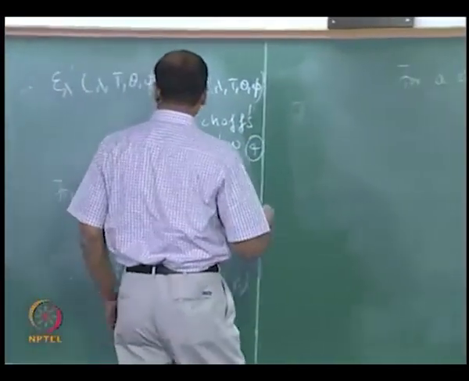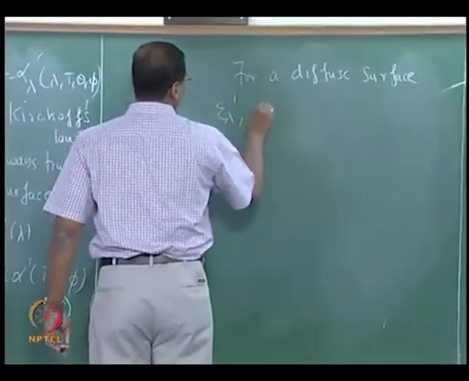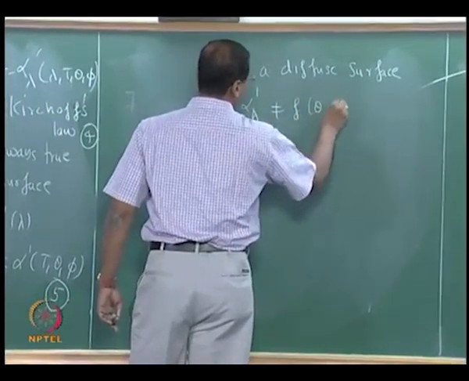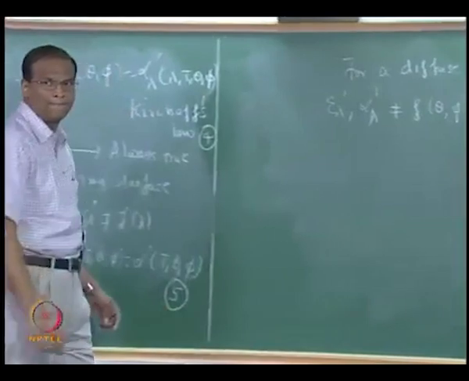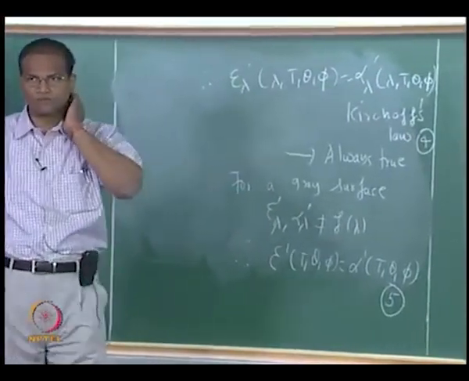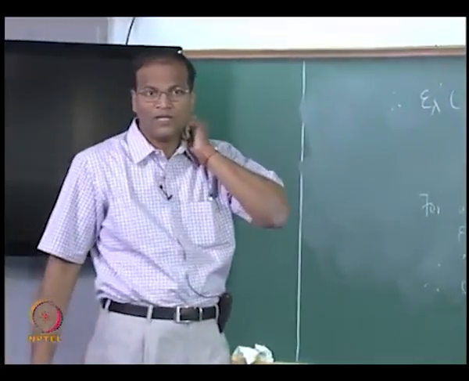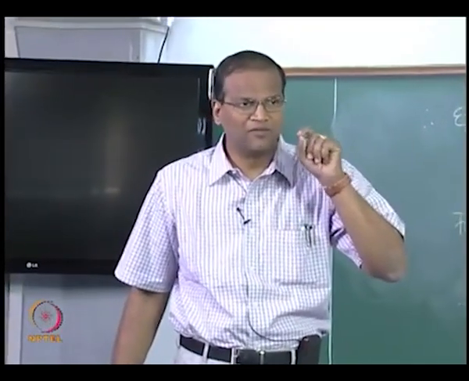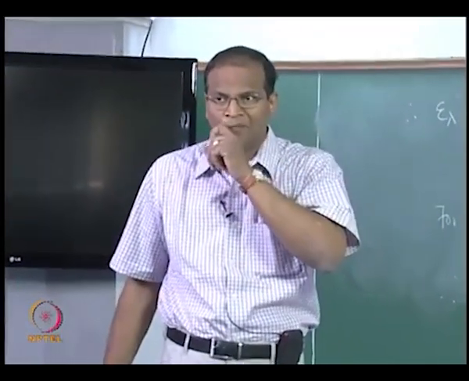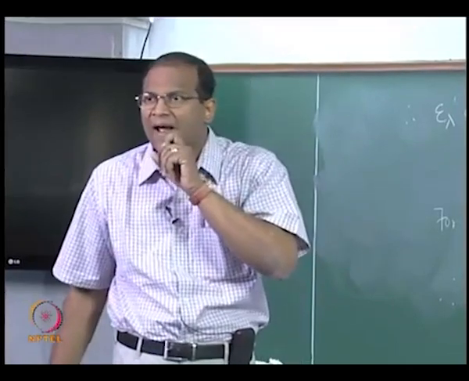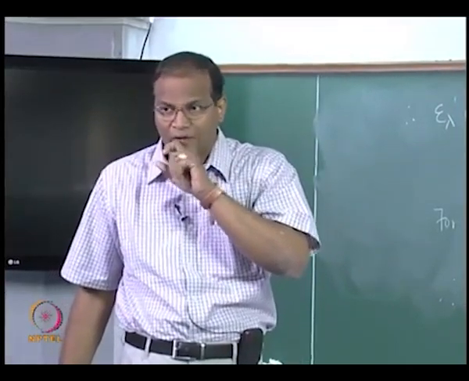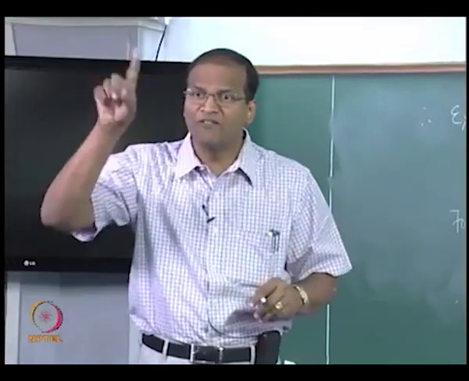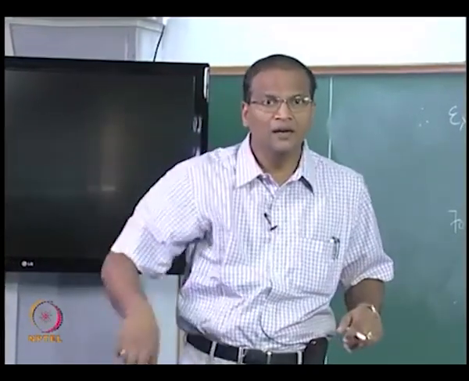Now, for a diffuse surface, see, the theta I phi I is very important because normally you can keep it as theta and phi. But here you are considering only absorption. When you are considering reflection, there is a theta I phi I and a theta r phi r, correct?